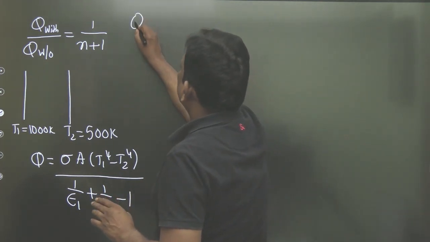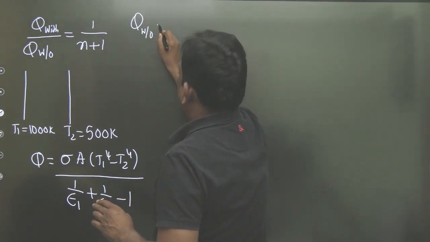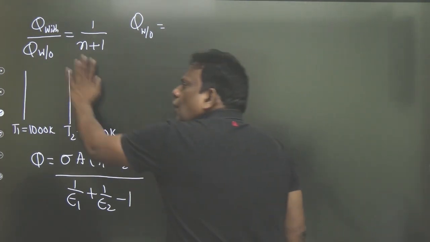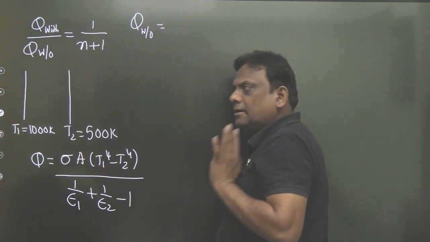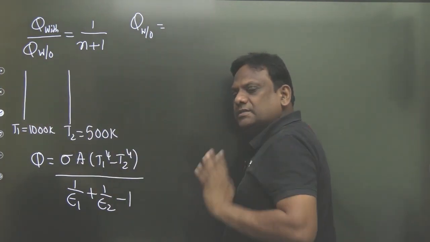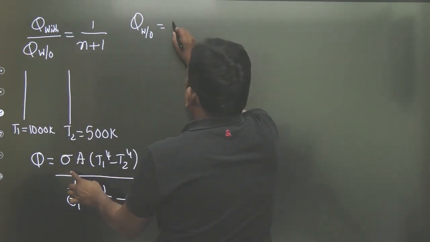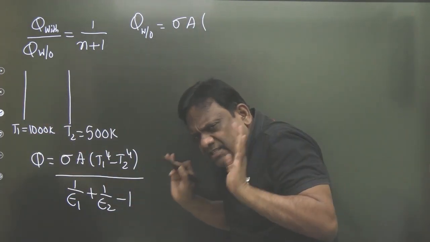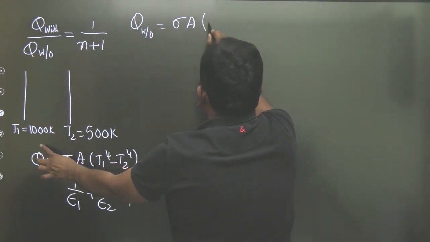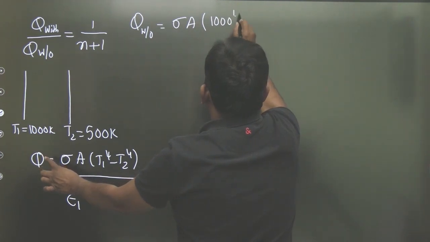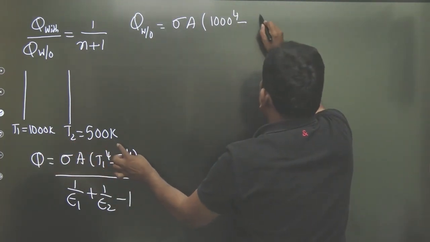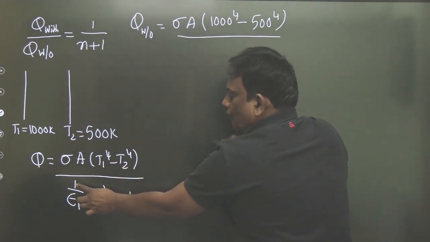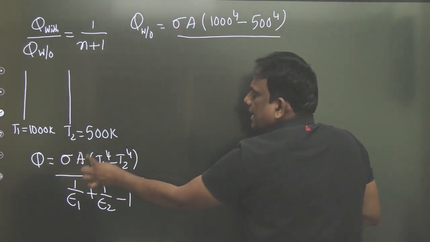So heat transfer without shield. First we'll calculate without shield. Heat transfer is sigma A (T1 power 4 minus T2 power 4), that is (1000 power 4 minus 500 power 4), divided by 1 by epsilon plus 1 by epsilon minus 1.